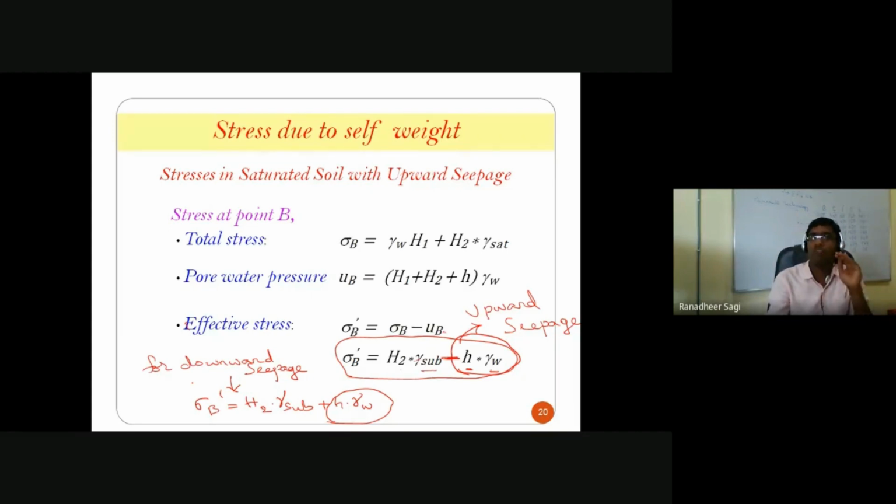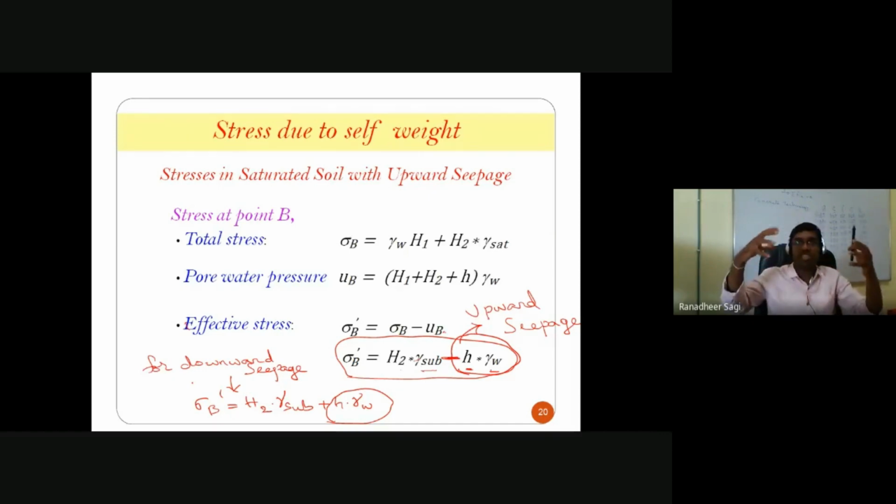But when there is an upward seepage happening through the soil sample, it is relatively very critical, where the strength of the soil decreases as the seepage progresses, and as the strength decreases, the structure is automatically no longer going to be very stable. So whenever you encounter cases where an upward seepage is expected, we try to provide what is called a proper concreting basement, so that the weight of the concrete base is high, and the pressures being exerted from the bottom on the structure can be minimized.